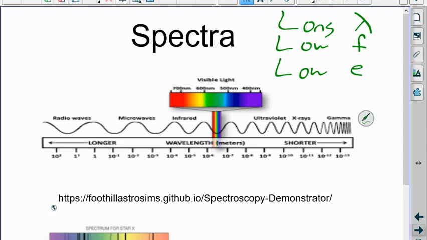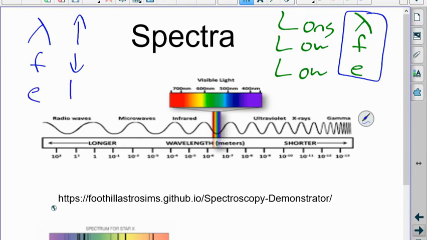The other way of saying that, and I wrote their symbols over here, is that as the wavelength increases, the frequency decreases and the energy decreases. As the wavelength decreases, the frequency and energy increase. There's your inverse to wavelength. Longer wave, lower energy, lower frequency. So there was that portion of it.